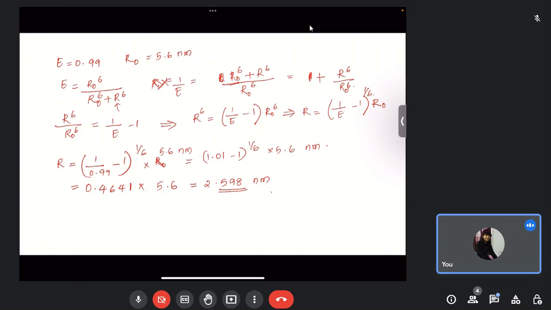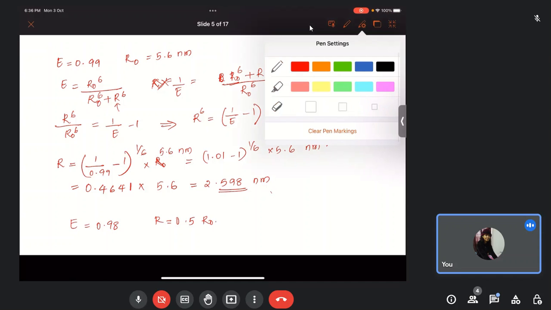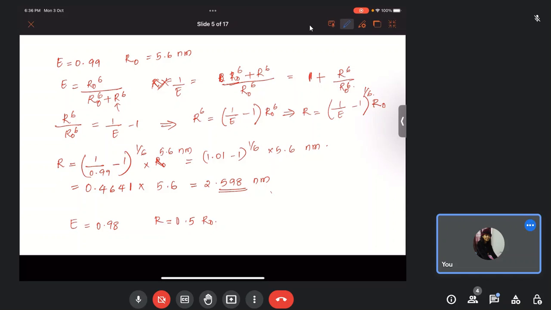I think this should be fine because we had seen in the last class that when E is equal to 0.98, R is equal to 0.5 R0. I think we are almost matching that condition, right? In the previous problem solving session, in one of the questions, we solved this. When FRET efficiency is equal to 0.98, the distance between the donor and the acceptor is going to be 0.5 R0.